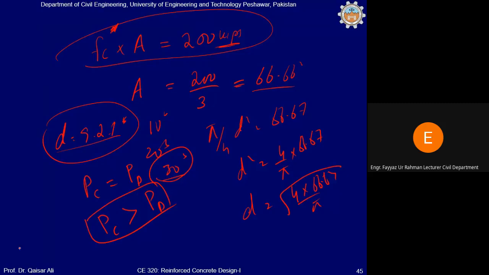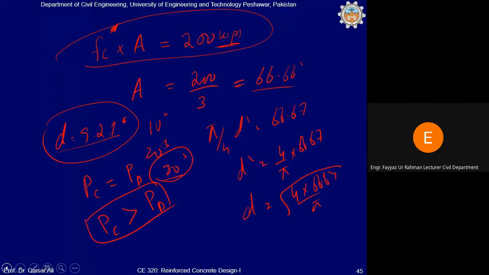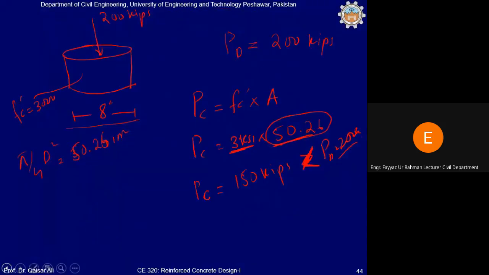Acha, how to increase this? So for this we will study in the coming slides, but before this I will also calculate if for example the demand is given in the form of stresses. So for the same problem, you calculate the stresses, so the stress will be equal to 200 divided by area.